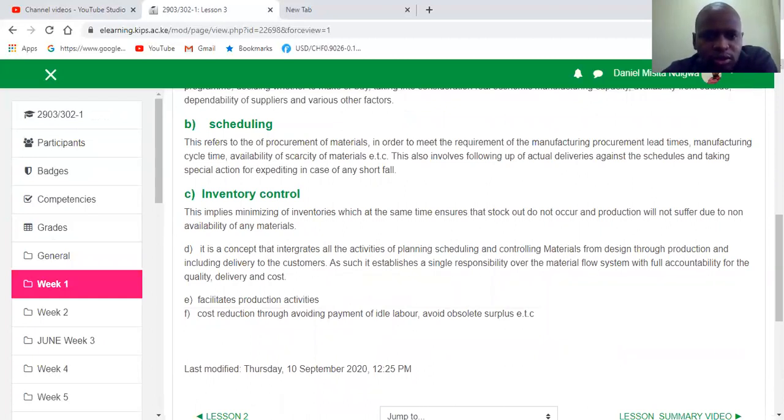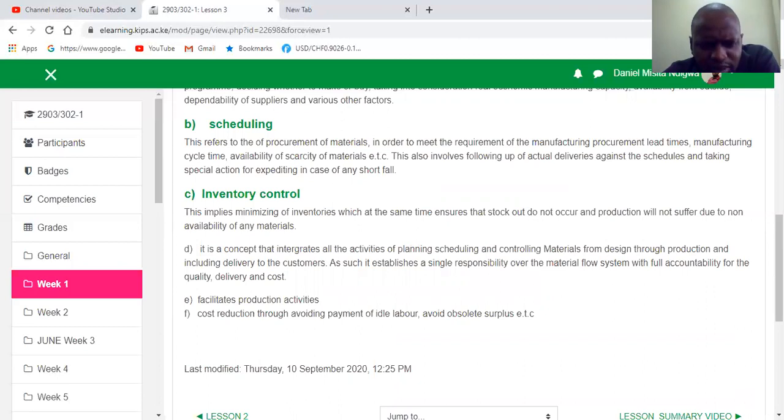You can also control your inventory by minimizing what comes into your organization. It also leads to integration of planning activity, scheduling, and controlling of materials from design through production up to delivery of the final product to the customer.